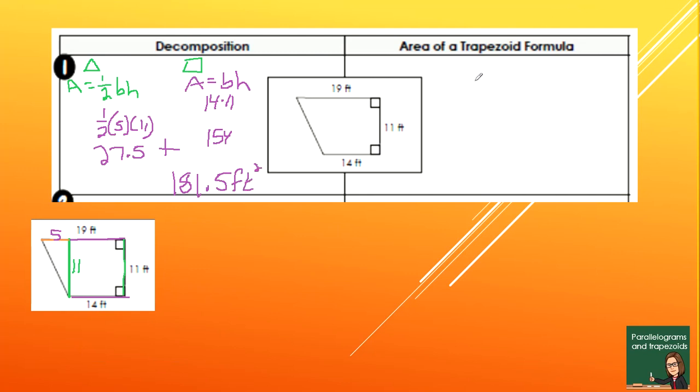So the formula is A equals, I call it base 1 and base 2, but they're just saying A plus B, because it's the two bases, divided by 2 times your height, 11. So let's look. One base is going to be right up here, 19. Your other base is down here, 14, so plus 14, divided by 2 times 11.